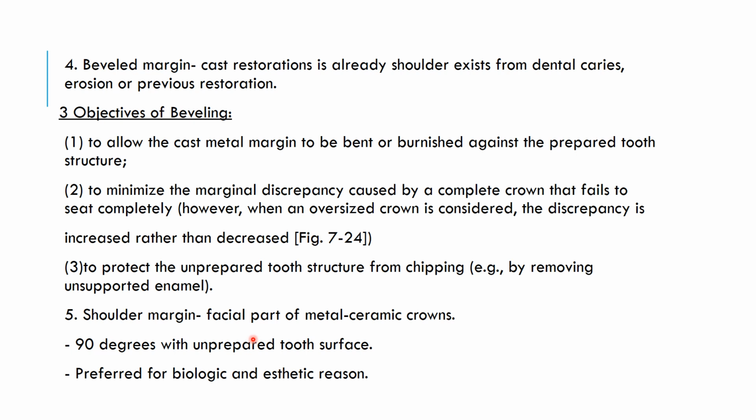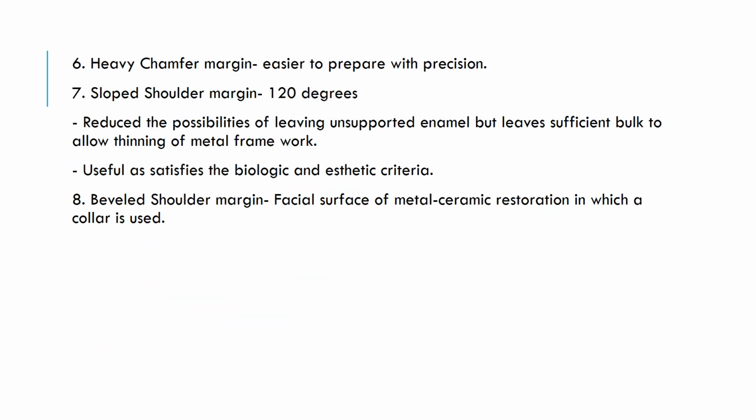Coming to shoulder margins, that's the facial part of the metal ceramic, 90 degrees with the unprepared tooth surface. It is preferred because of the setting and the biologic reasons. Heavy chamfer margin is easier to prepare with precision. Sloped is 120 degrees, right? That goes to an obtuse angle, right?